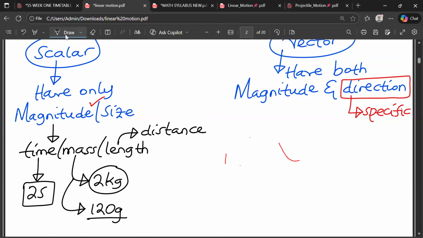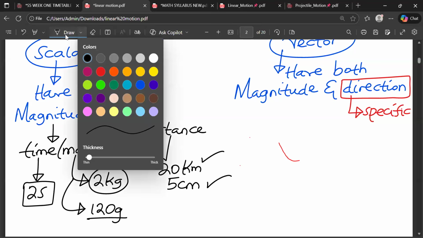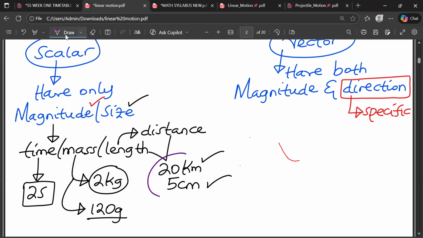Don't add on anything because we only have size as scalar quantities. Even length and distance, you always just say 20 kilometers. You don't add on anything. Get the point? We always just say 5 centimeters without adding anything else. Why? We just have size, or what we call magnitude. We don't have a specific direction.